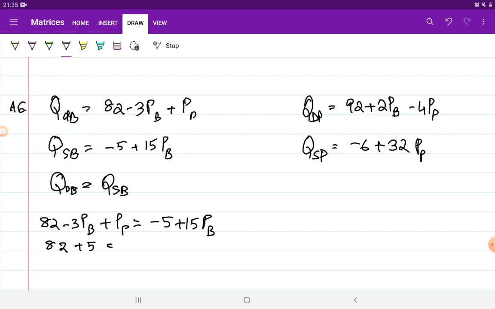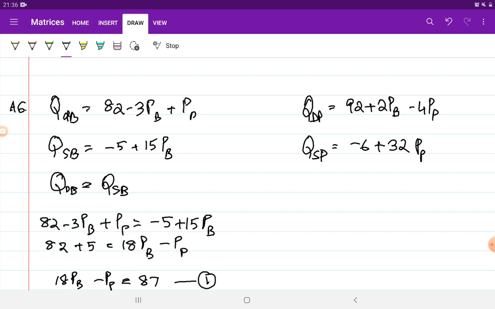When minus 3 PB goes to the other side, it becomes plus. So that's 18 PB and minus PP. So that's 18 PB minus PP is equal to 82 plus 5, 87. That's my first equation, which represents equilibrium in the beef market.